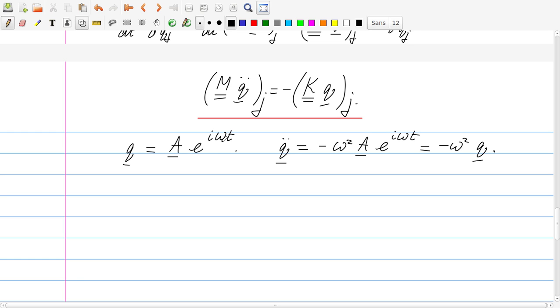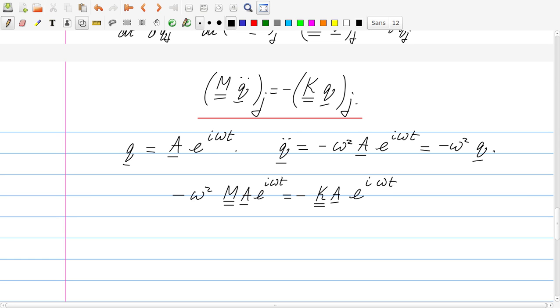And if we write up this form of the solution, this ansatz, then we can immediately see that the q double dot gives me a minus omega squared times the q, and we can plug that back into this equation.